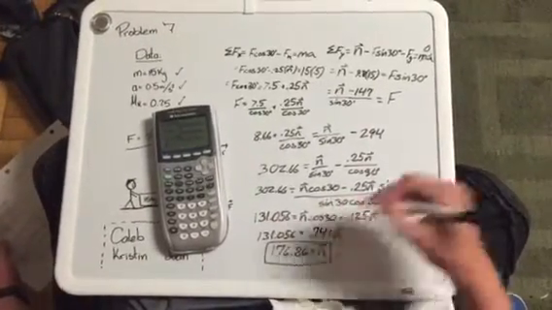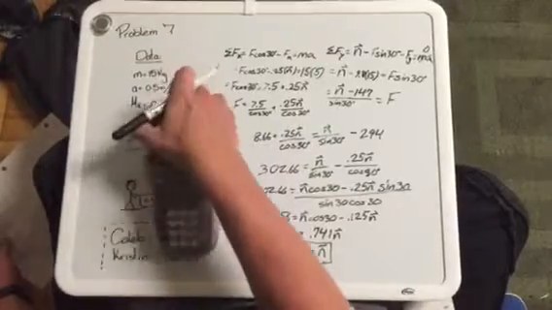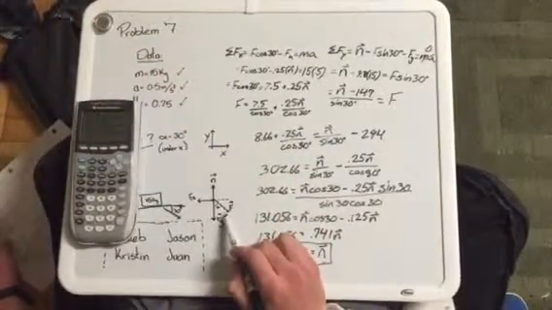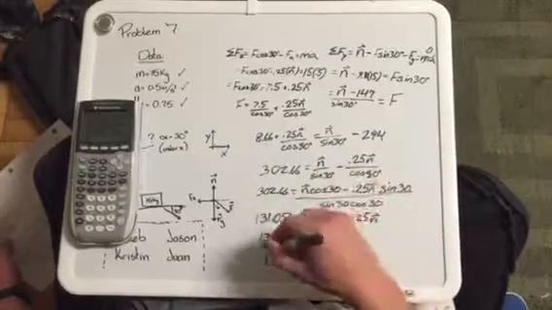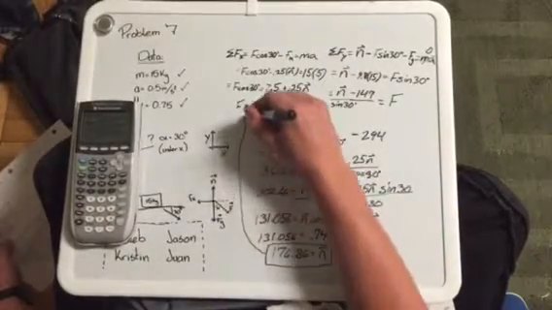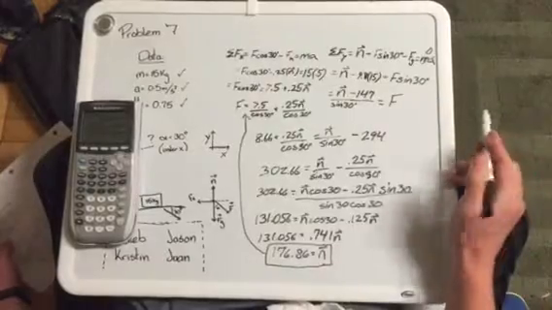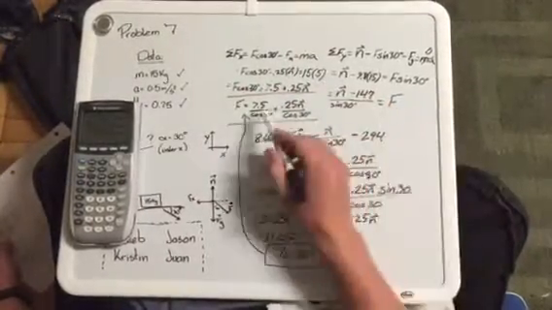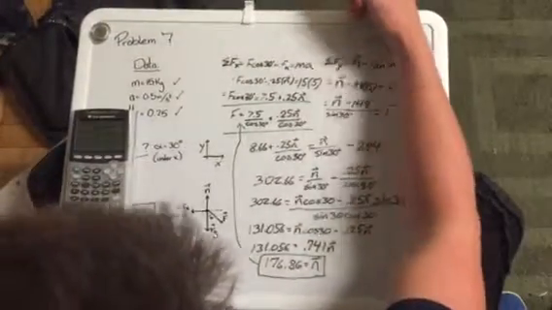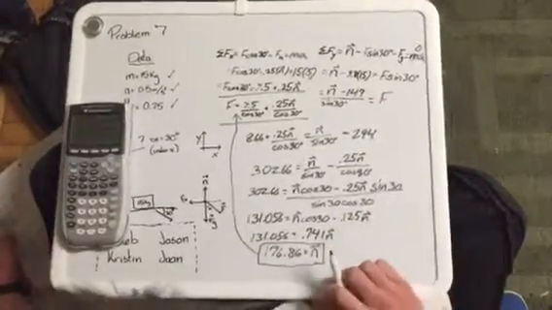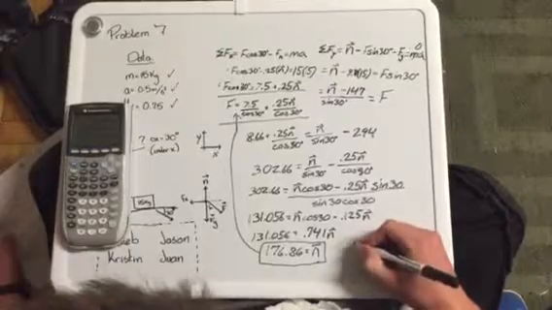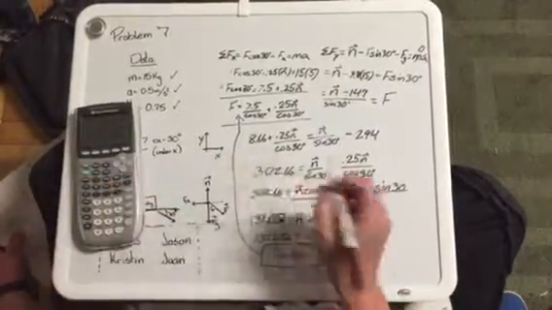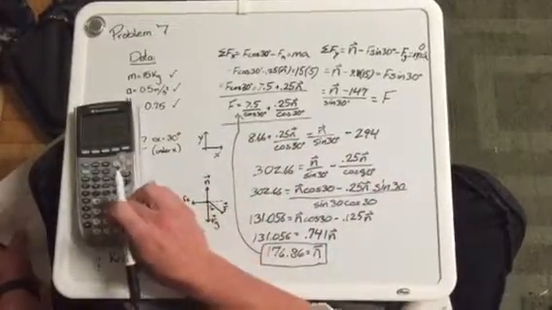Now that we have the force normal, we're trying to find the force in the x direction. So we plug it back into this equation, and we find 8.66.